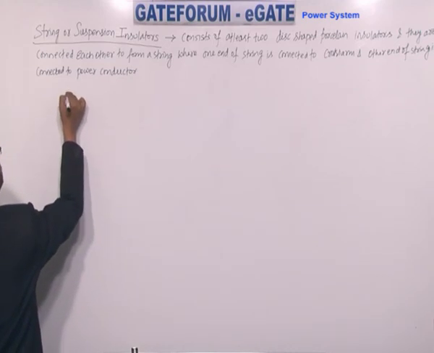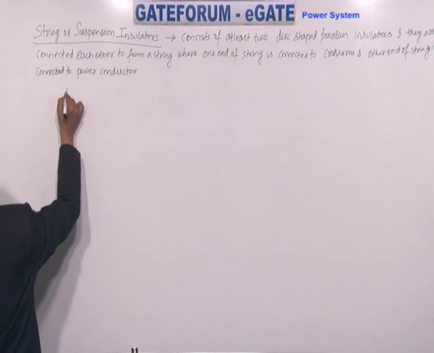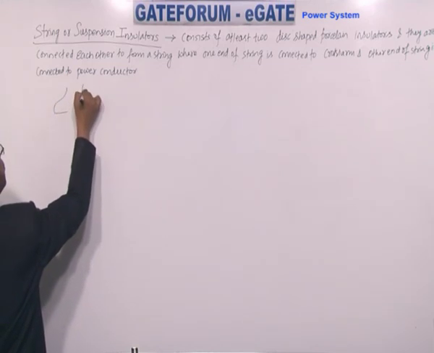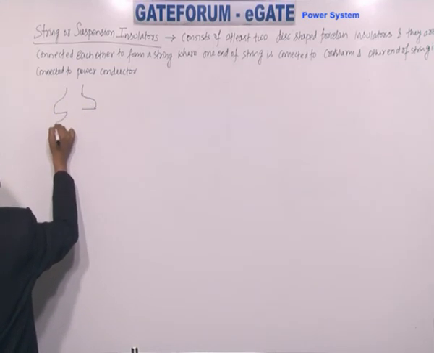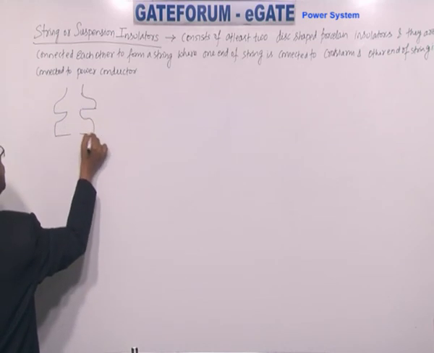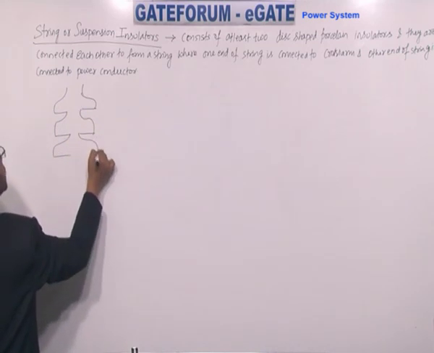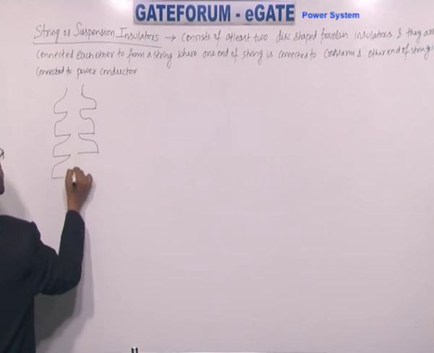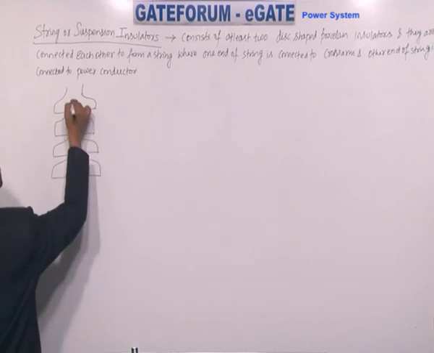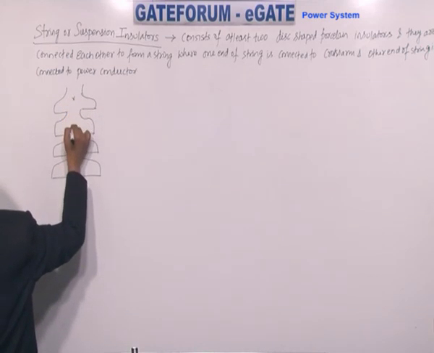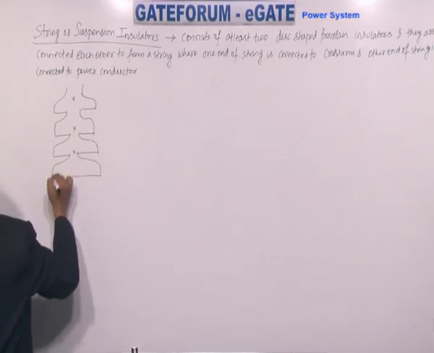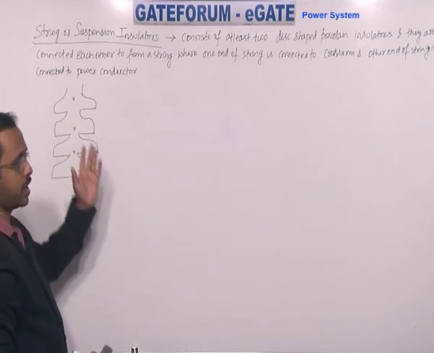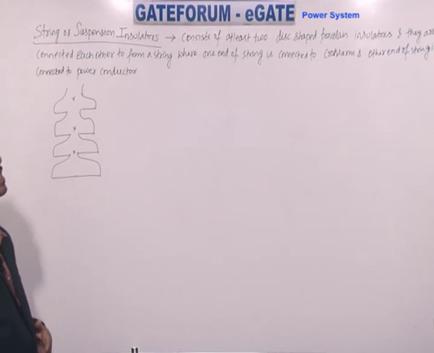So this represents one insulator. Here we are representing a string of insulators. I have represented 4 insulators here. How are any 2 insulators connected? By means of this metal part.